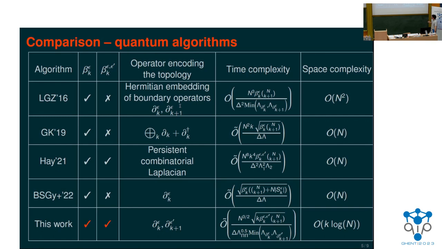The previous talk gave an algorithm which is more efficient than the previous ones, but only considered the actual simple Betti number case. And we have a similar algorithm which has two main improvements. We can track persistent Betti numbers now, and also we have an exponential saving in the space.